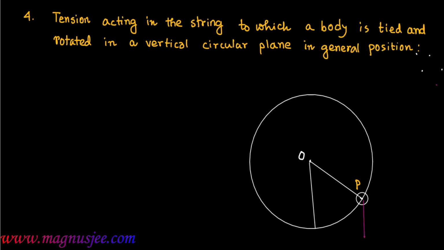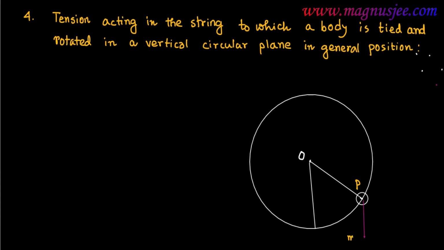Mg is the weight of the body, which acts vertically downwards. At the point P, the body has a tangential velocity v. The string OP of length r makes an angle theta with the vertical.